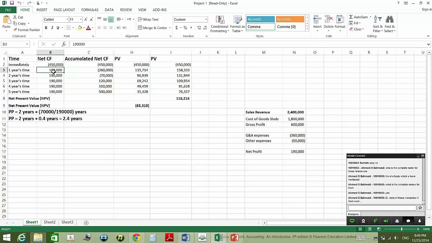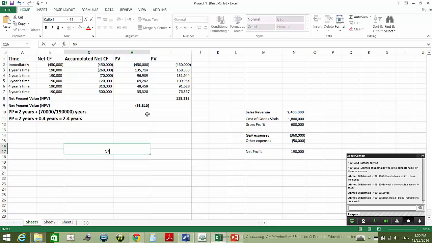This is the equation that we use to measure the net present value, and we need to measure net present value for each cash flow alone, and then we will add all the net cash flows together. Okay, but first of all, here the first cash flow for the first year is 190,000.